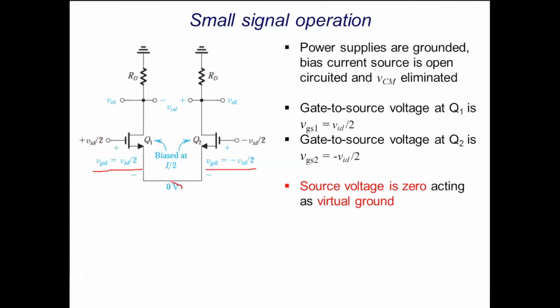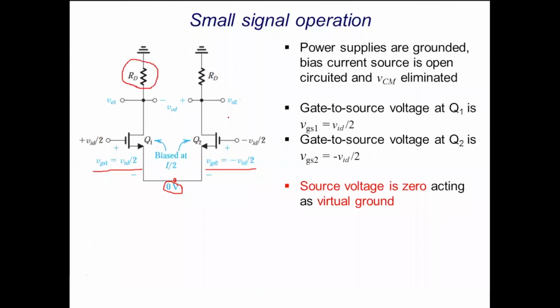The reason is it is not physically grounded, but the potential at this point is 0, so it is called virtual ground.